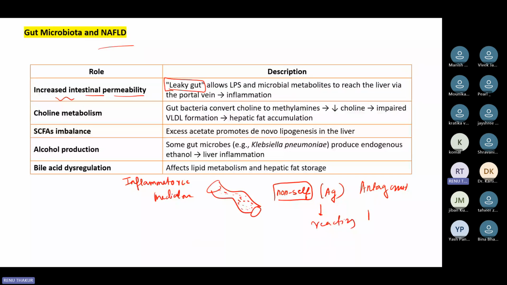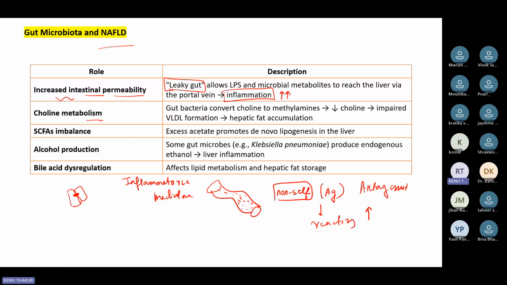So it will again increase the inflammatory mediators in our body. Whenever there is increased intestinal permeability, that is known as leaky gut. So how does this leaky gut condition appear? Whenever you are having dysbiosis and your cell tight junction is not working properly. This is known as the leaky gut, and this will increase the level of inflammation. Inflammation will rise to its maximum.